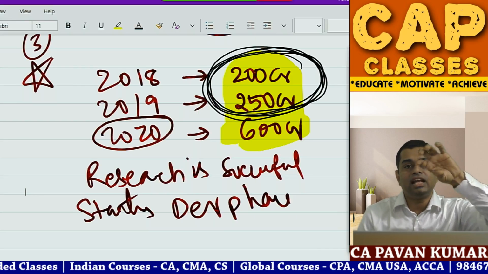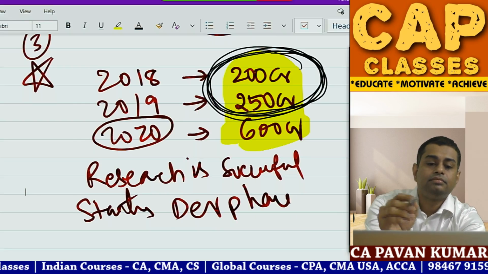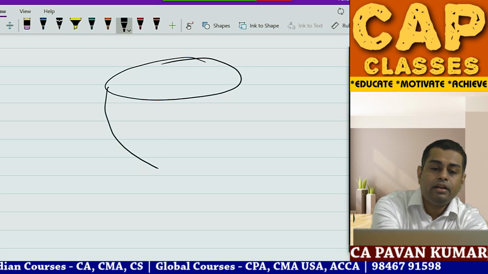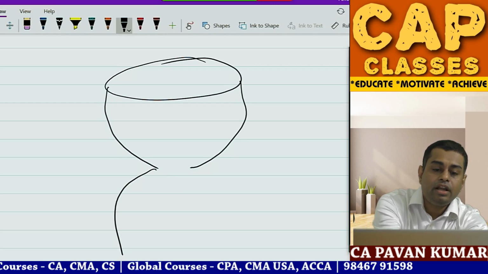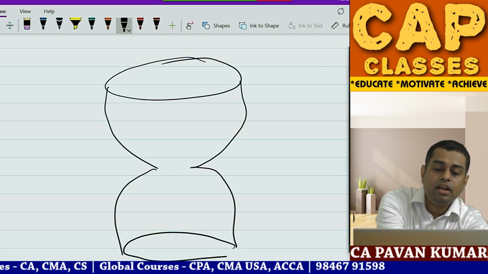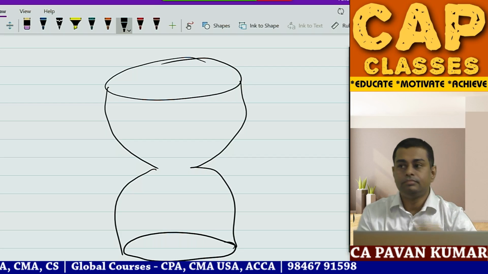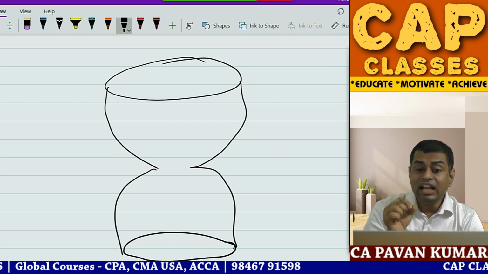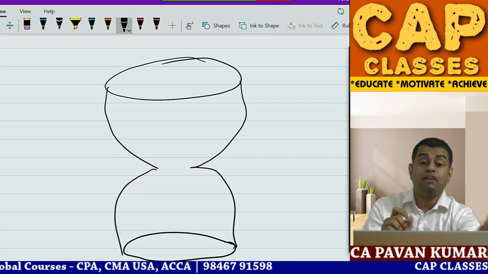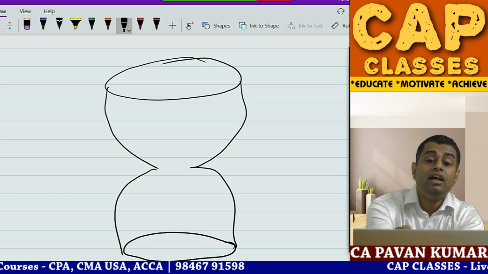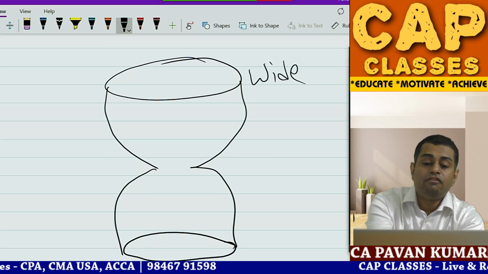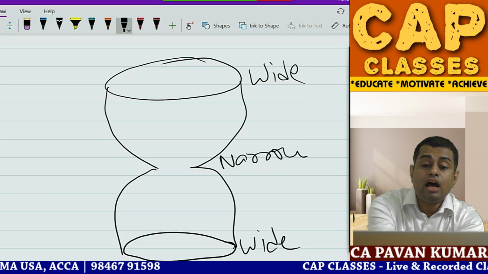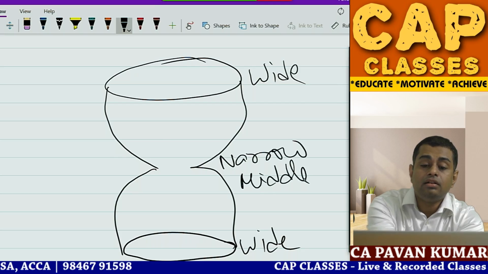Previously, in the old days, there would be one glass. Time. This is an hourglass. So, it is an organization structure with a wide corporate level, a wide operational level, and a very narrow middle level.